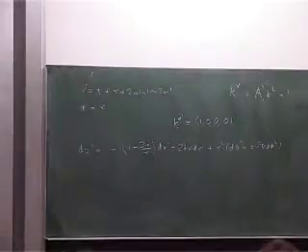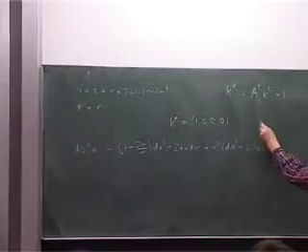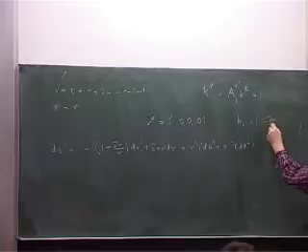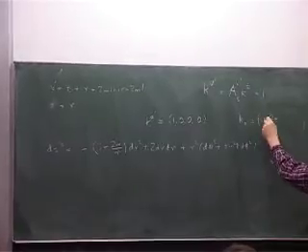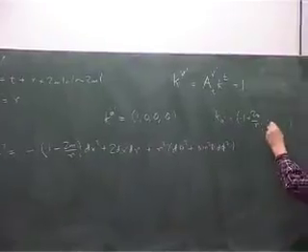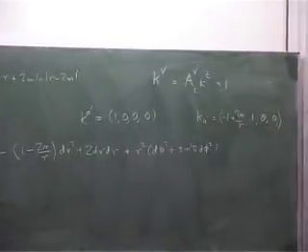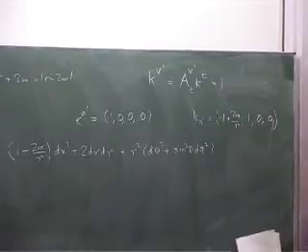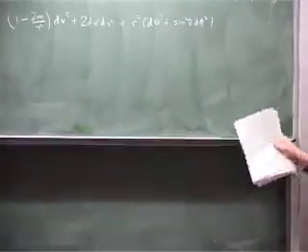So K_a with its index downstairs in v, r, theta, phi coordinates is going to be equal to minus (1 minus 2m over r), and then there'll be a 1, 0, 0, which might not be what you expected. Now we can carry out the calculation.